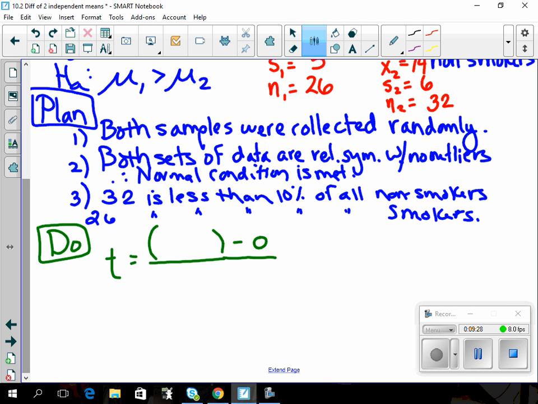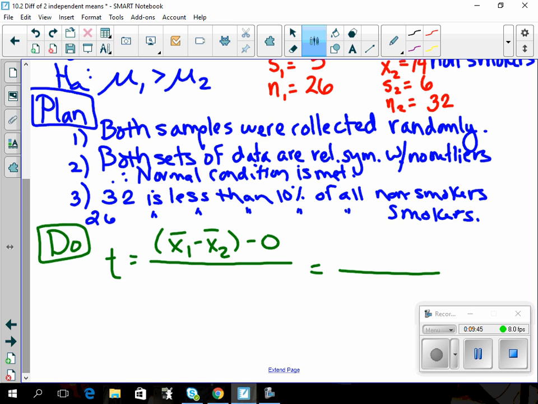What numbers go in the parentheses? Yeah, so it's the two different means. Should I write the formula first and then put the numbers in? Okay, no problem, I can do that. So it's going to be x bar 1 minus x bar 2 minus 0 over, and then that's going to be 80 minus 74 minus 0.